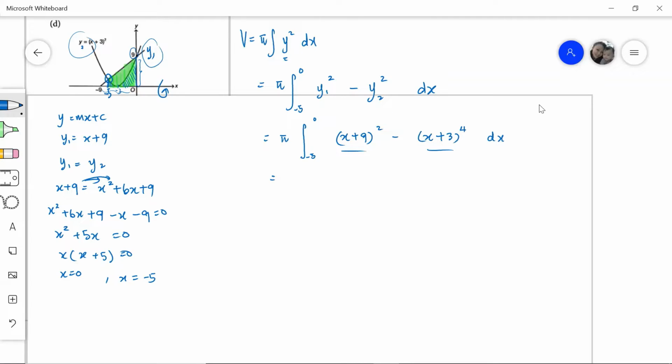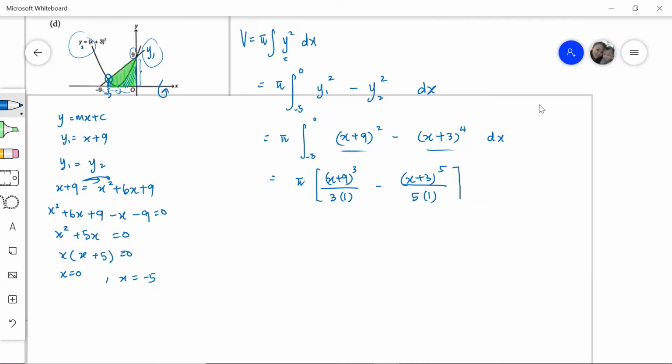We have to integrate them separately. So pi, x plus 9 raised to the power of 3 over 3, also divided by the coefficient of x, minus x plus 3 raised to the power of 5, divided by 5, as well as the coefficient of x.